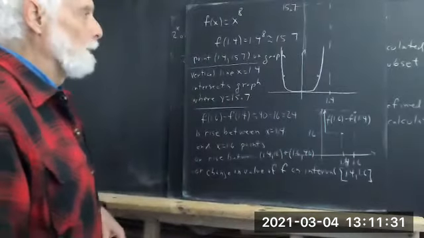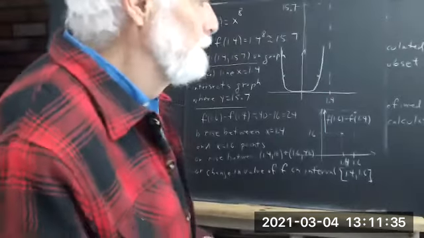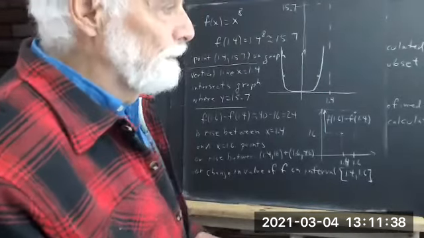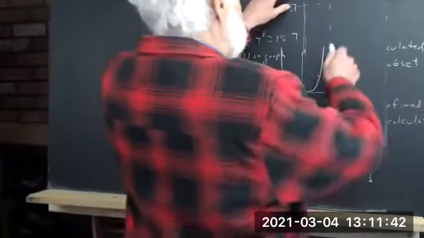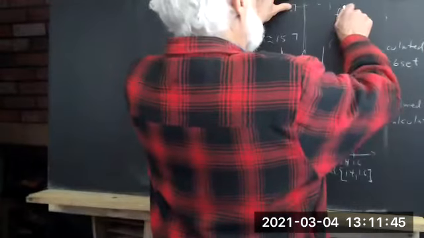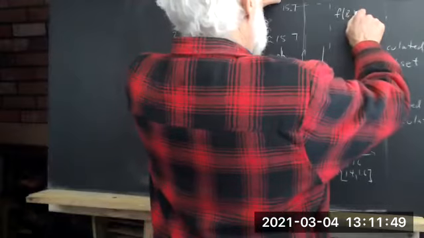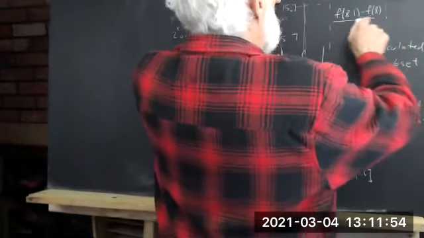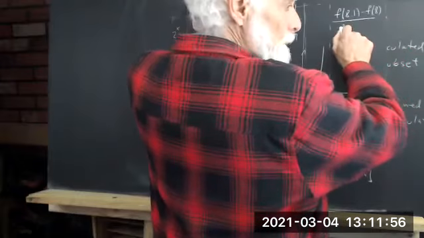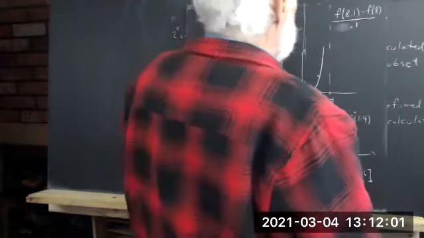Since we're on this problem, I'll just comment that then your f of b plus 1 minus f of b over 1 would be f of your b, which is 8, over 0.1.